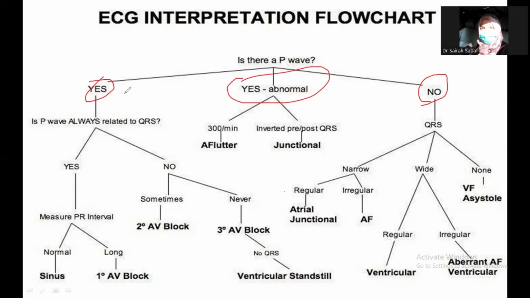Good. Now, coming here. Yes, P wave is there. If P wave is coming, is it always related to the QRS complex, yes or no? Yes, it is related to the QRS complex. It means it's coming at a regular interval, just before the QRS complex.